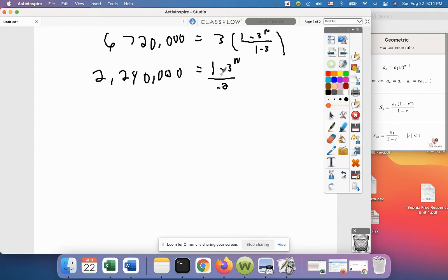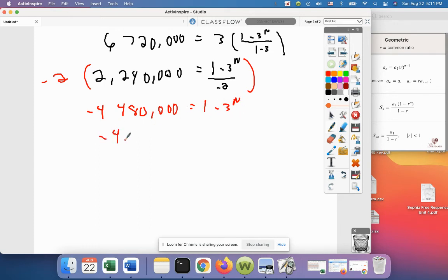Great. Let's see, what can I do next? Let's clear that fraction, multiply by -2. Bam. I get -4,480,000 equals 1 minus 3 to the n. Subtract 1 on both sides. That's nice.